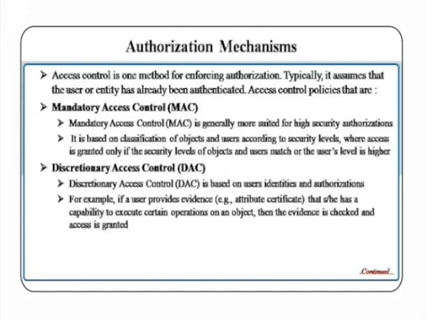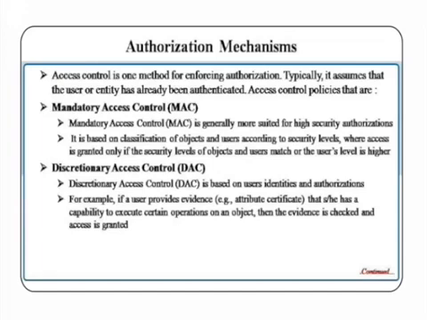Mandatory access control is generally more suited for high security authorization. It is based on classification of the objects and users according to security level, where access is granted only if security levels of objects and users match or the user's level is higher.